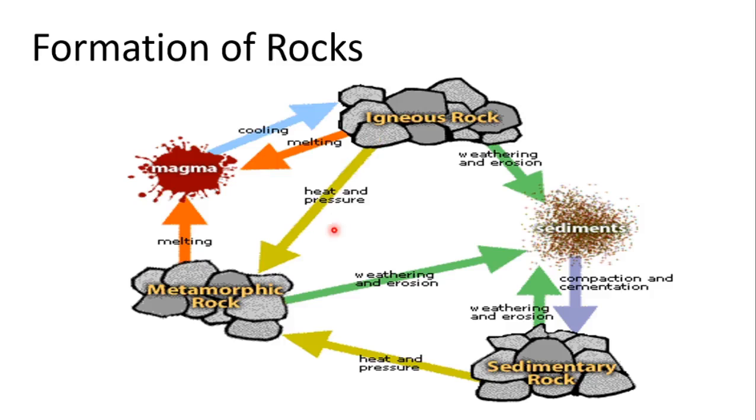Also, these igneous rocks under heat and pressure are converted into metamorphic rocks, and these metamorphic rocks, after melting under high pressure, convert into magma, which on cooling gives rise to igneous rocks. So these are three types of rocks which are formed and convert from one form to another.